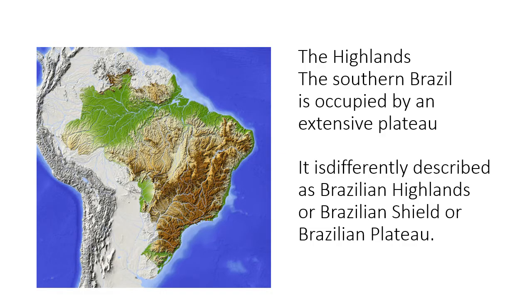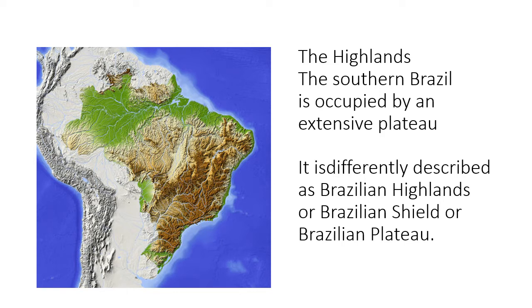Dear children, you can see on this map, which is a satellite image, and it's not the map of Brazil. I must clarify, this is the map in which you can see the South American continent. But as we know, a large part of South America is occupied by Brazil.